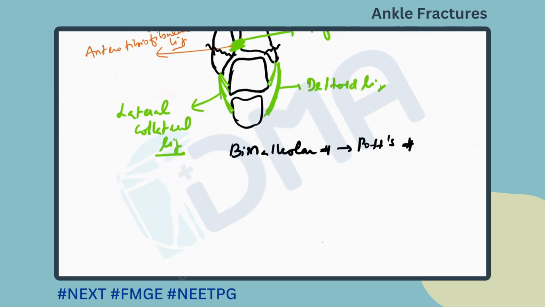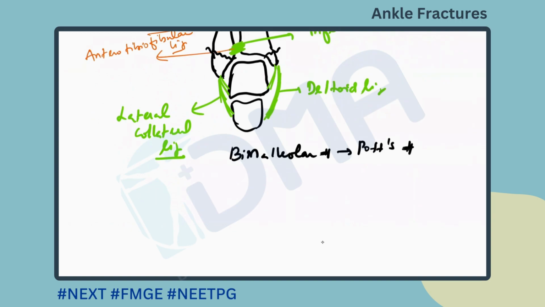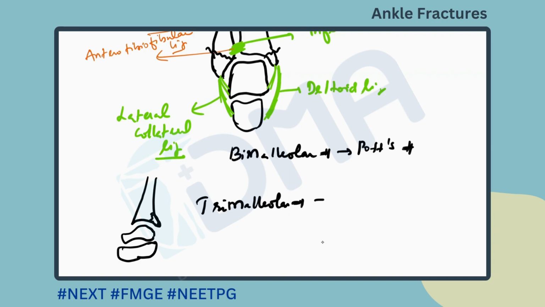When you see the ankle joint from the lateral aspect, this is the tibia, this is the talus bone and this is the calcaneum, and you get a malleolus on the posterior side also, the posterior malleolus. If all three malleoli fracture, it is called a trimalleolar fracture, which means medial, lateral and posterior malleoli.